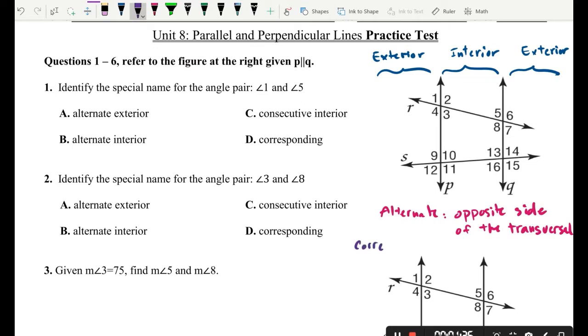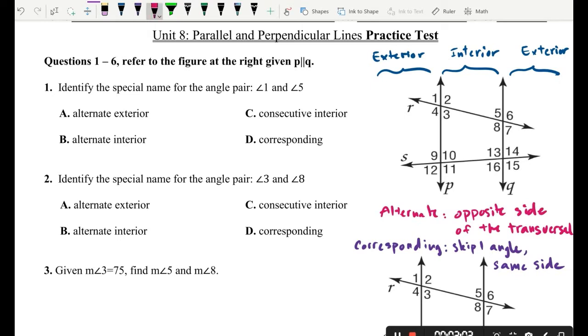Corresponding angles are angles that are one angle away from each other and on the same side. I normally say: same side, skip one angle. Same side, skip one angle. So those are the terms that you need to know.